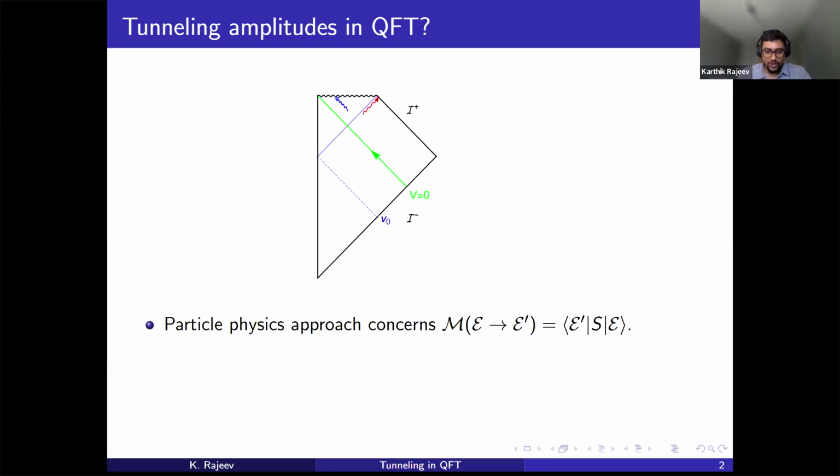For instance, if you look at this particular point v naught and look at the light ray that is going inward, that's the last light ray that escapes the collapse. What I mean specifically is, if you look at a null particle that is going inward slightly before this time v naught, it goes in, and at some point it reaches the center.